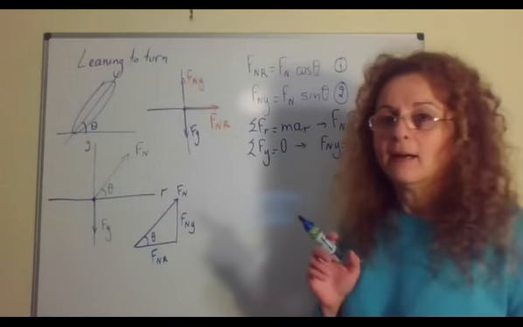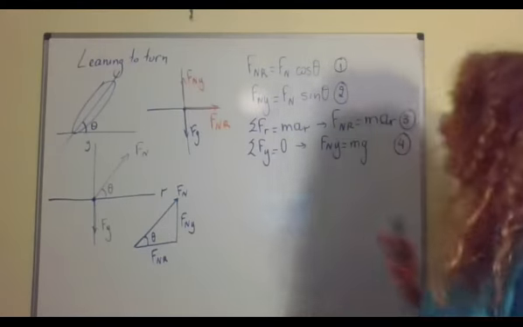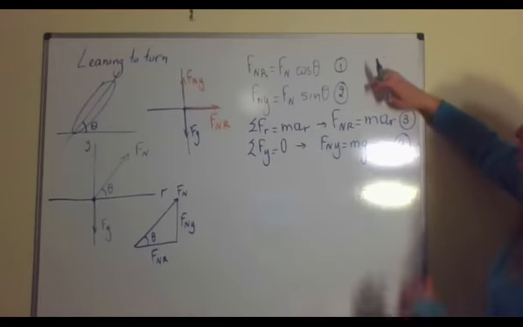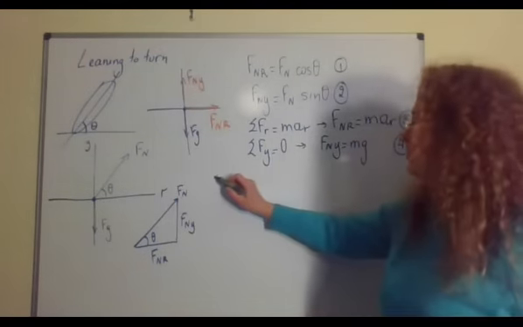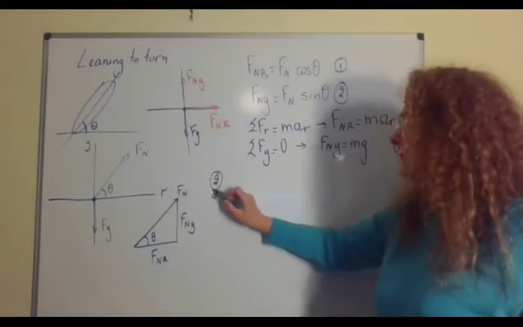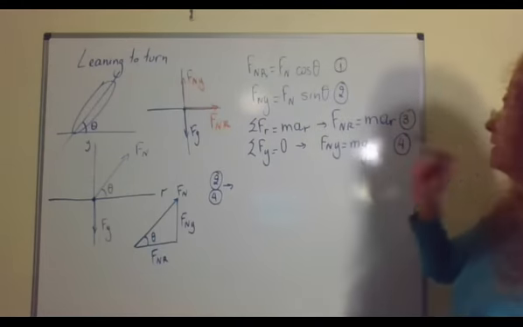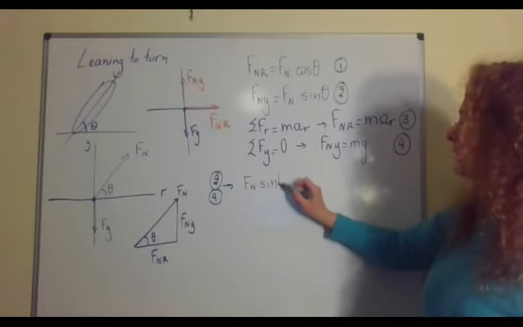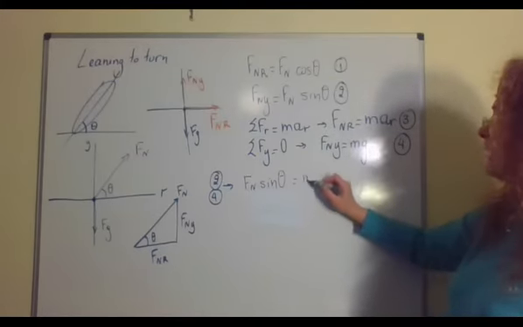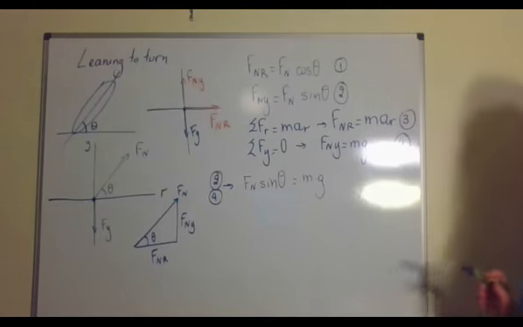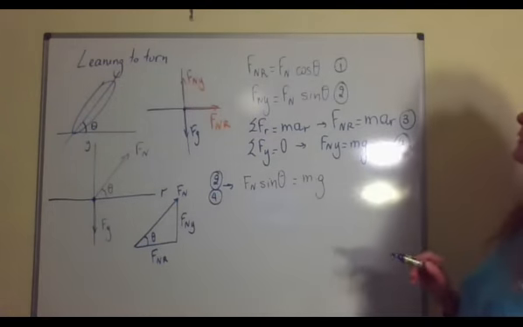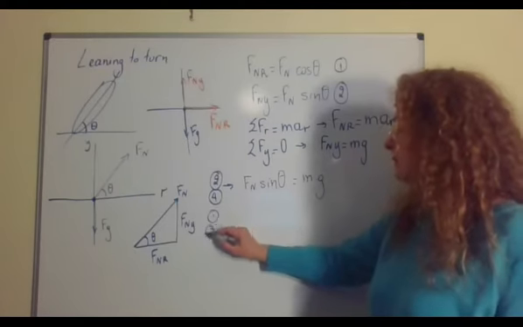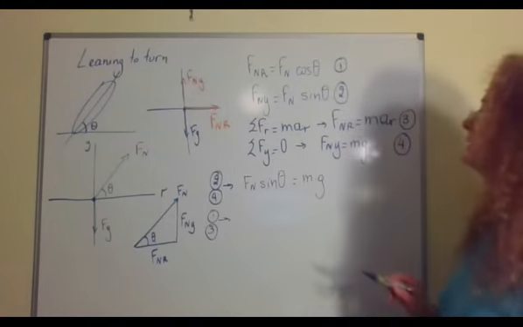Okay, so I want a tangent. That means that let's start from 2. So I want to combine 2 and 4. From 2 and 4, I find that normal force sine theta equals mass times the acceleration due to gravity.